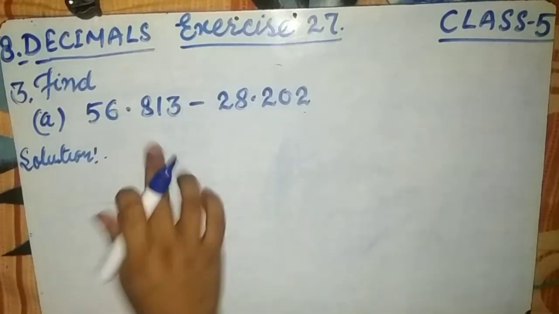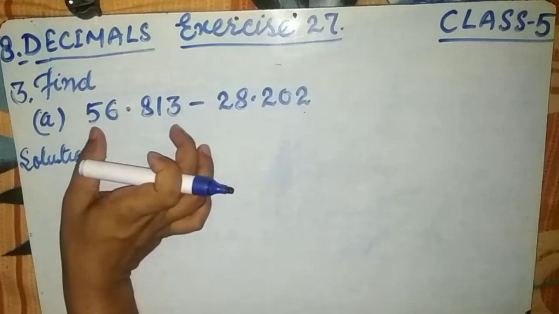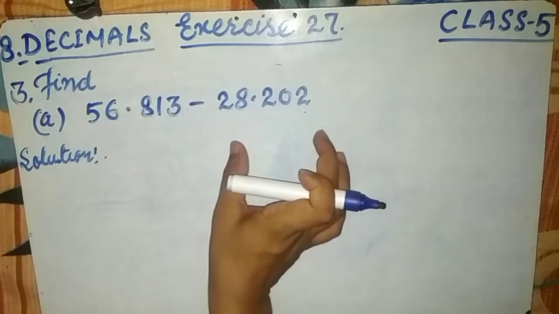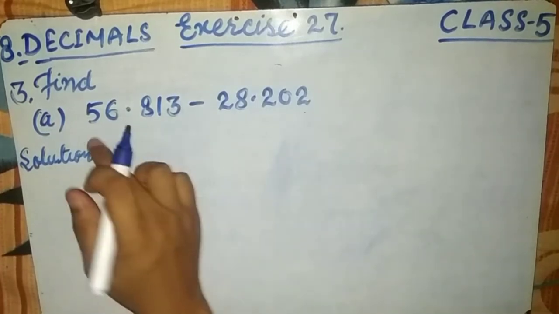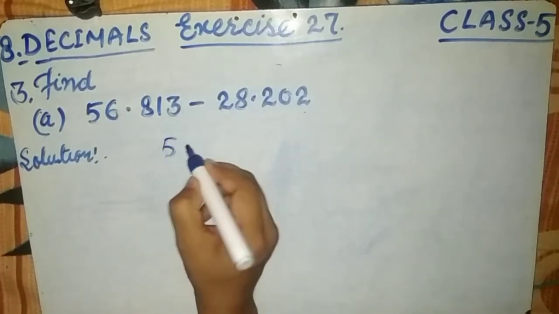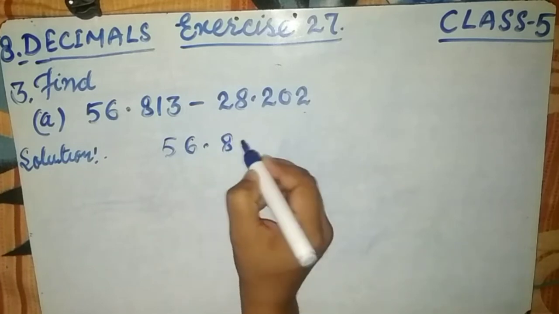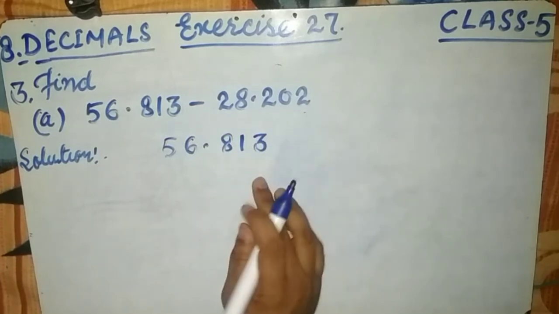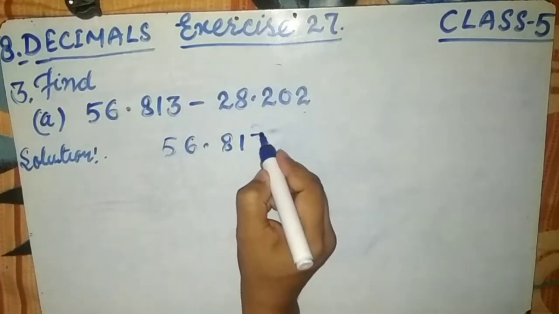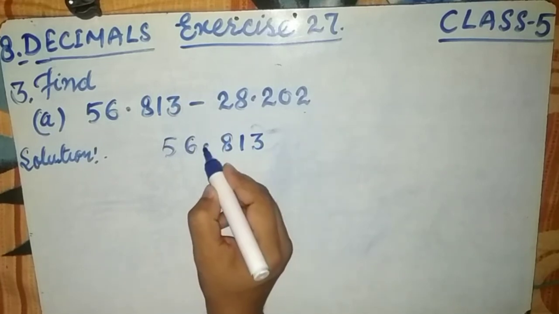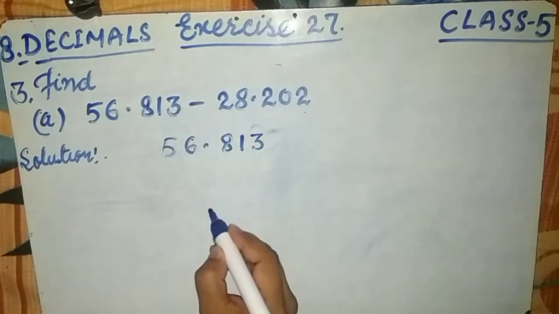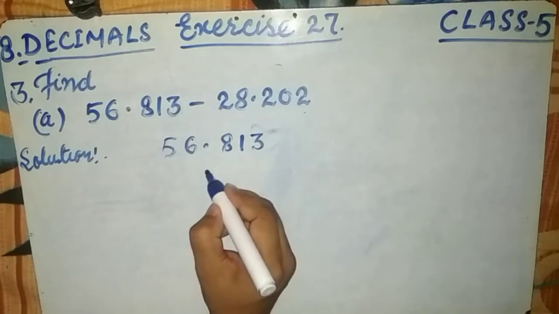Now write the first decimal fraction and then afterwards the second, one above the other. Means first write 56.813. We have to write all the decimal points along a straight line, so here the decimal is here.